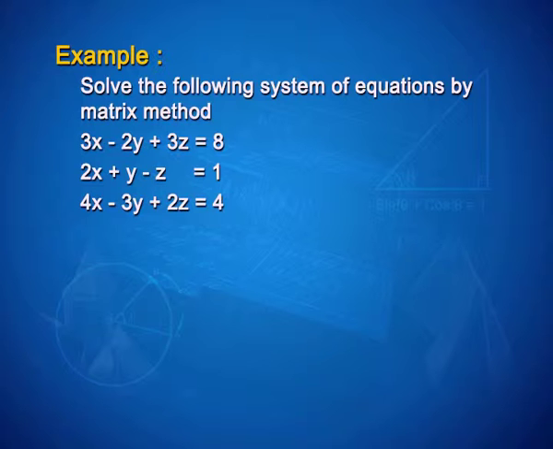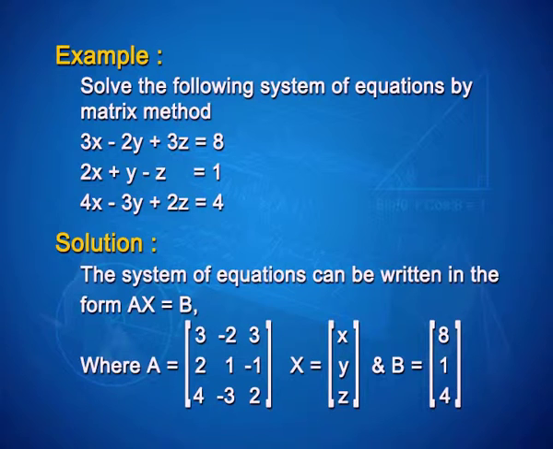The system of equations can be written in the form Ax is equal to b, where A is given by 3, minus 2, 3; 2, 1, minus 1; 4, minus 3, 2, and x is equal to x, y, z and b is equal to 8, 1, 4.